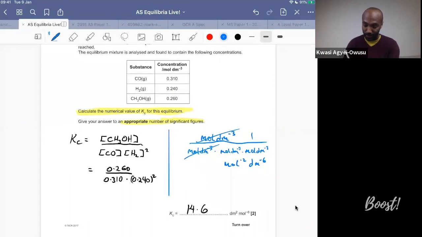So that should be mole to the power 2, dm 2. Have we got this right? Yeah, dm to the minus 6 is at the bottom, so mole to the minus 2 should become dm to the 6. Okay, so that should be the correct unit. So the exam board have got the units wrong in this. Anyway, the numerical answer is 14.6, which is what we're after.